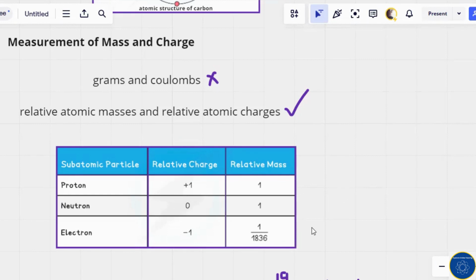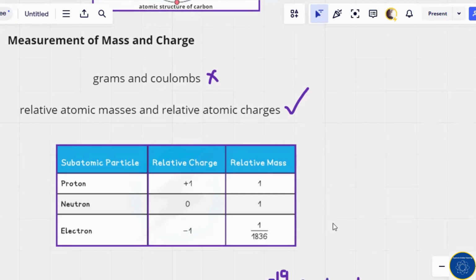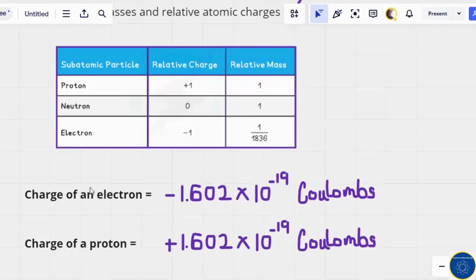The charge on a single electron is minus 1.602 times 10 raised to power minus 19 coulombs, whereas the charge on a proton is plus 1.602 times 10 raised to power minus 19 coulombs. Relative to each other, their charges are just minus 1 and plus 1 respectively, but they have the same value.